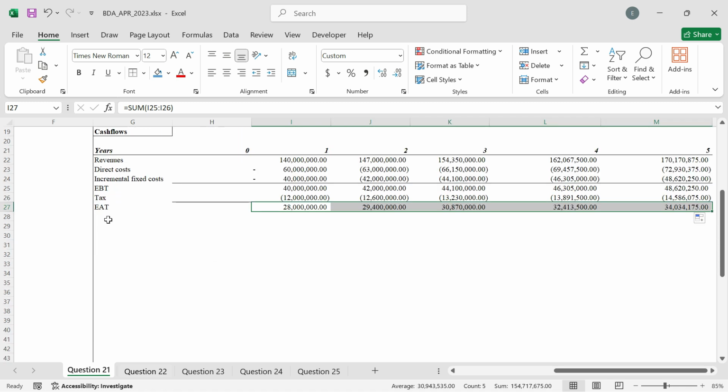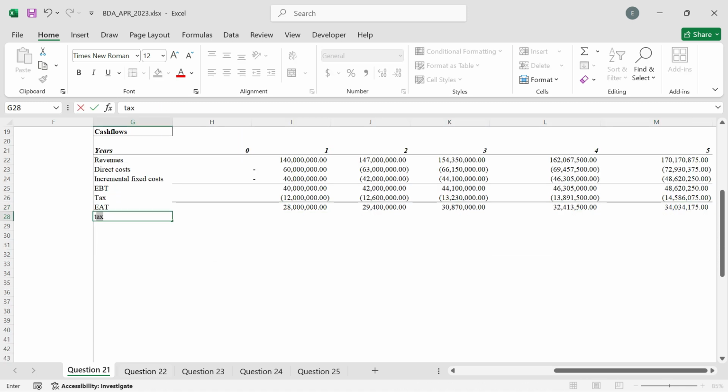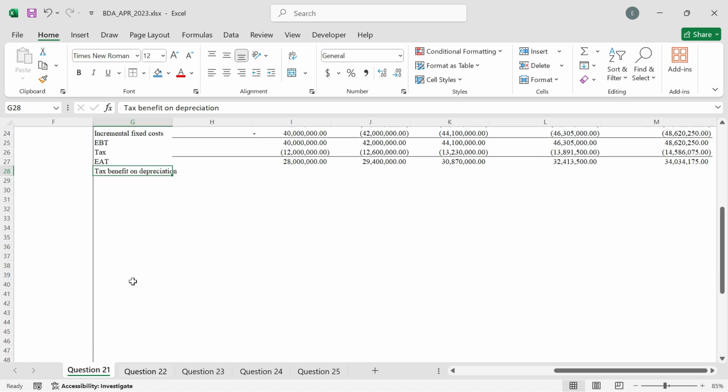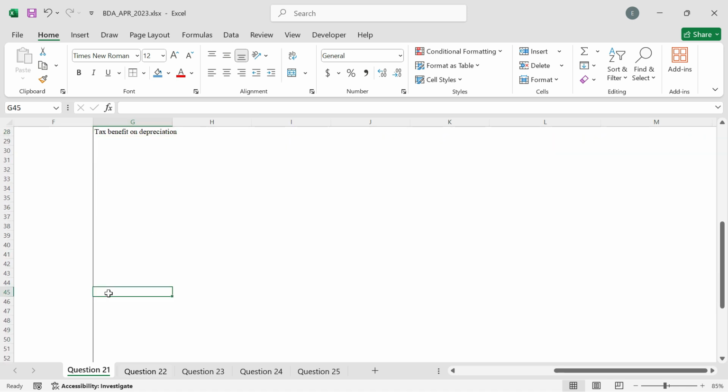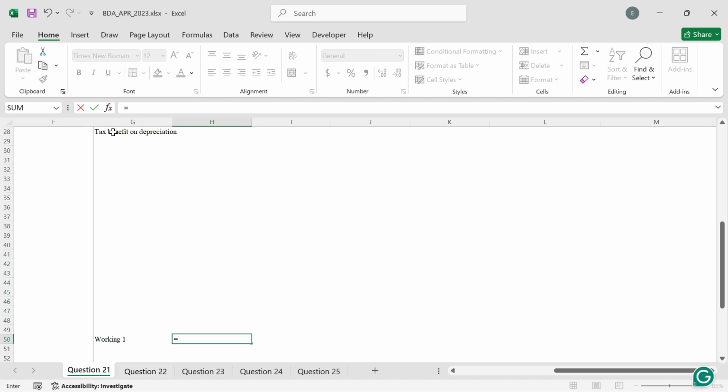Beyond this, I need to account for my tax benefits on depreciation, which will require working. So I have working 1, which would be the tax benefits on depreciation.